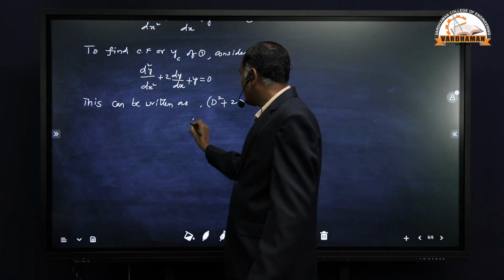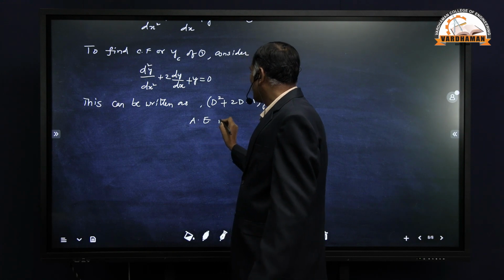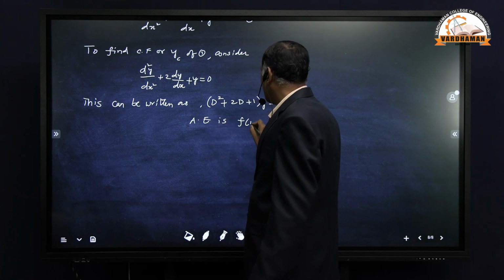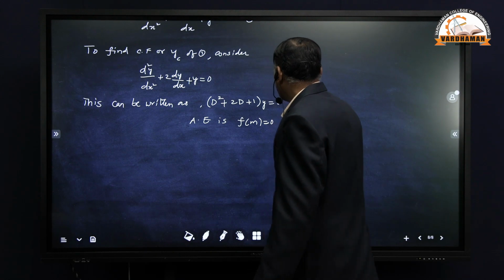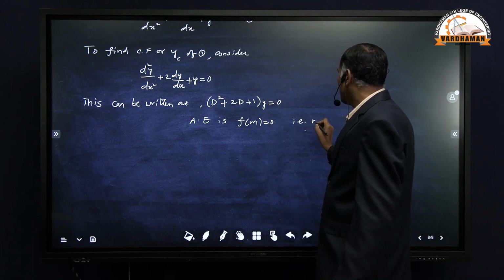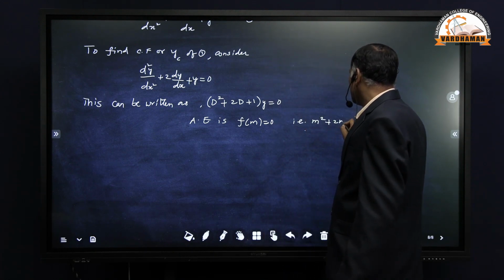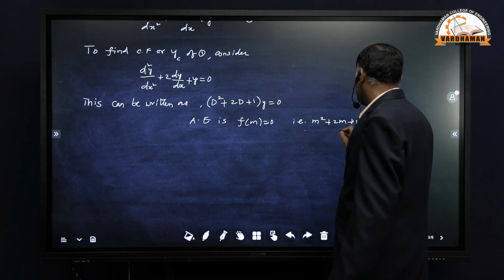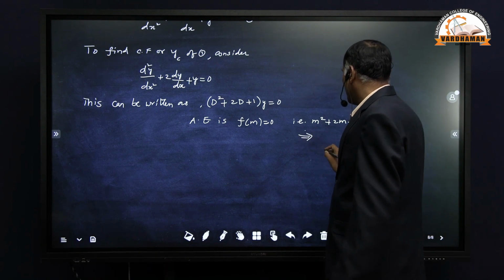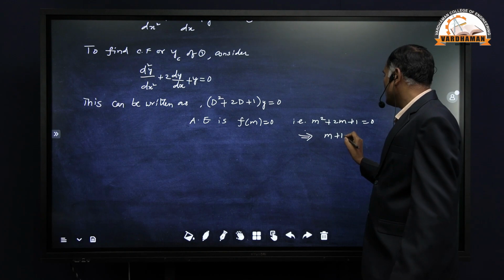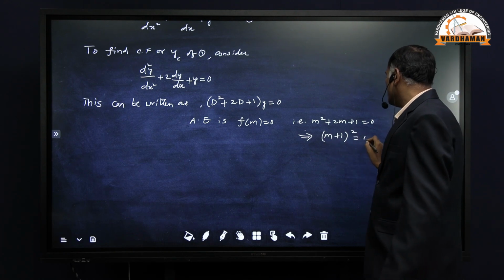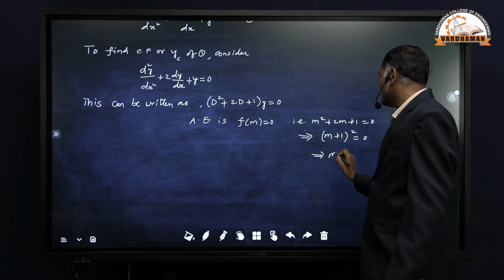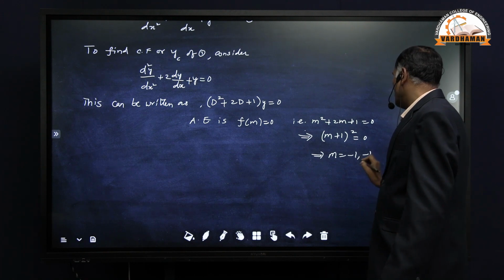Now let us write the auxiliary equation. The auxiliary equation is given by f of m equals 0, that is m square plus 2m plus 1 equals 0. Let us solve this quadratic equation. You will get m equals minus 1, minus 1.